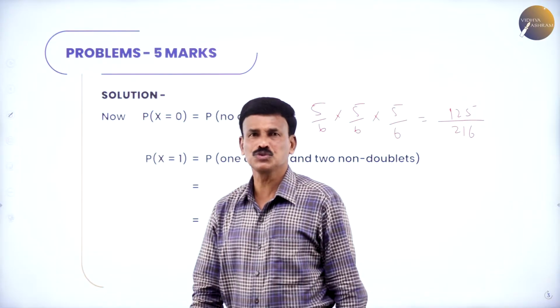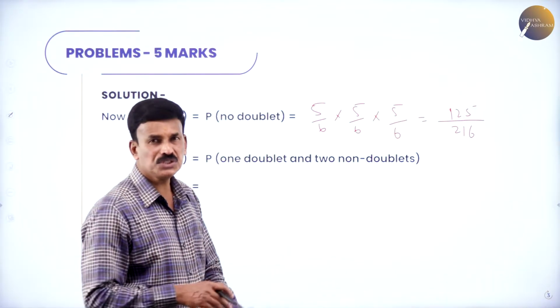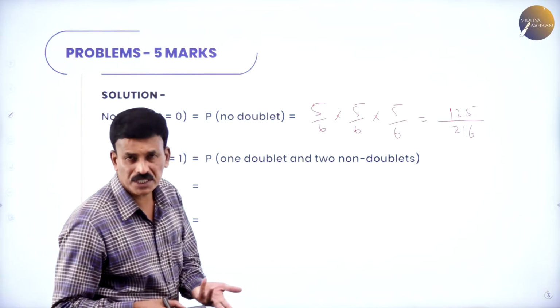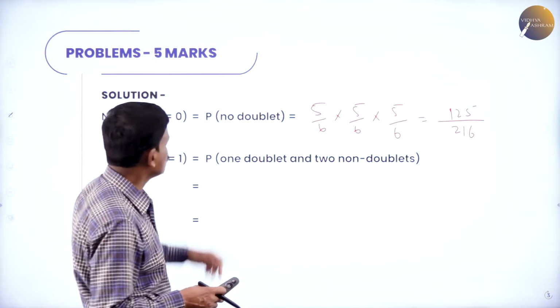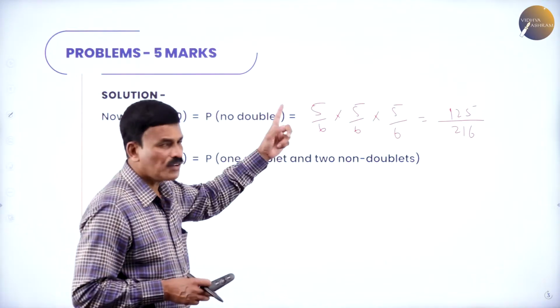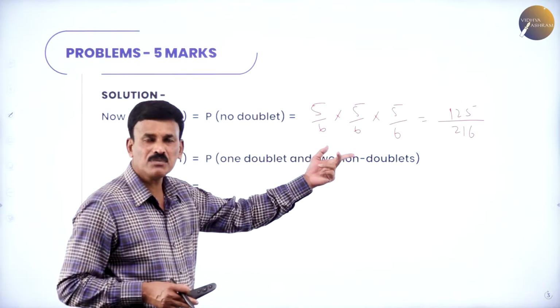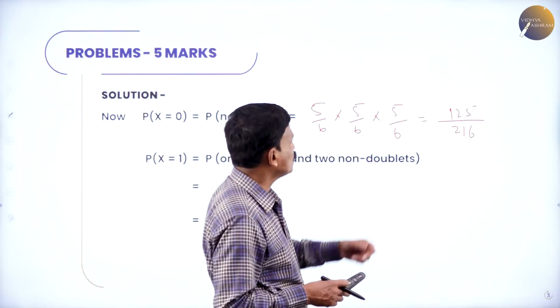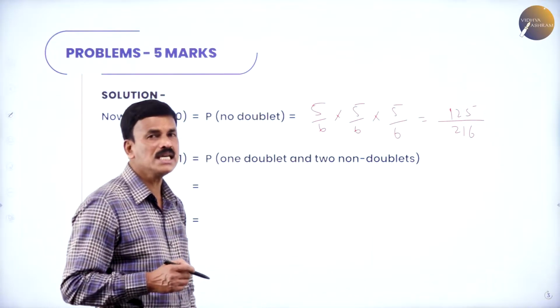So in 3 throws, the probability of no doublet, x equal to 0, is 125 divided by 216.